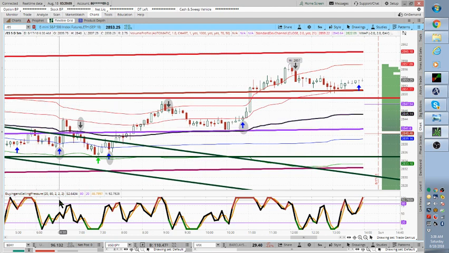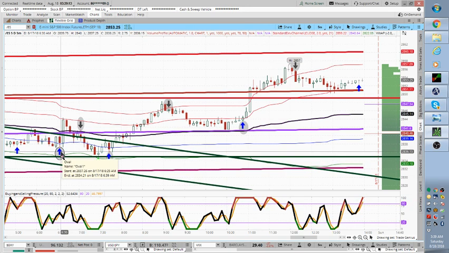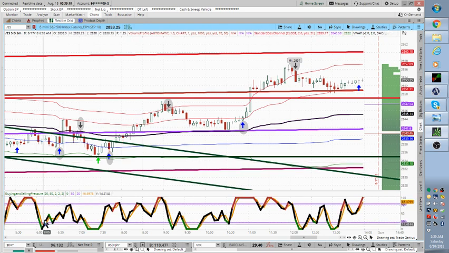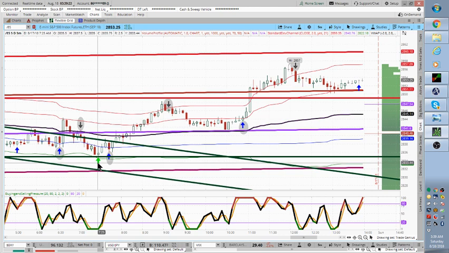So we use three components in the day trading money machine. We have a proprietary stochastic, we have a proprietary money flow, and then we have a proprietary slingshot trade.